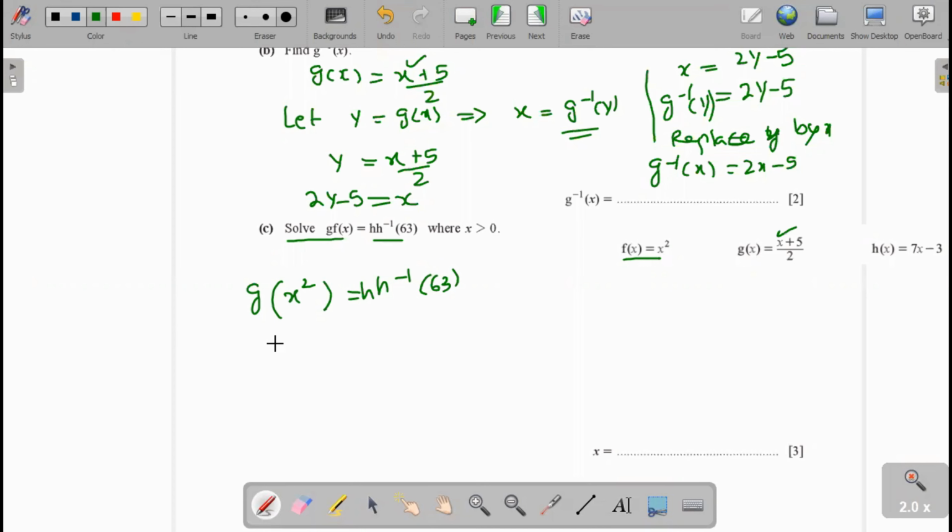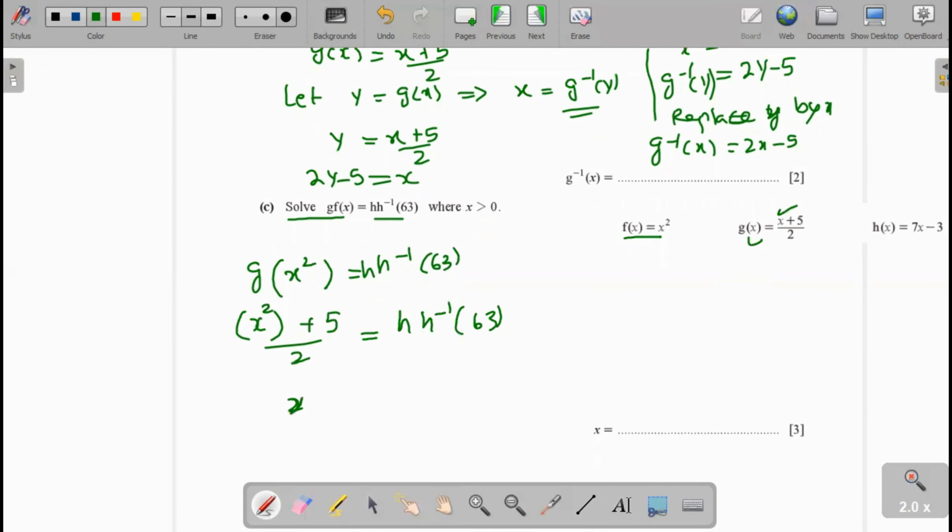We write it x plus 5 over 2. There is the x. Now there is given x squared, and we substitute x squared as it is. That is equal to h into h inverse 63, x squared plus 5 over 2.